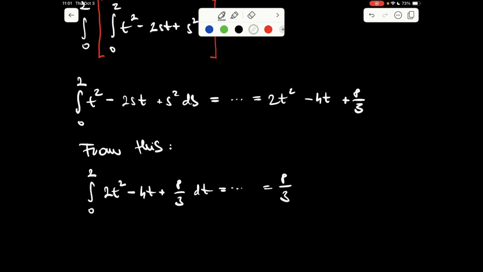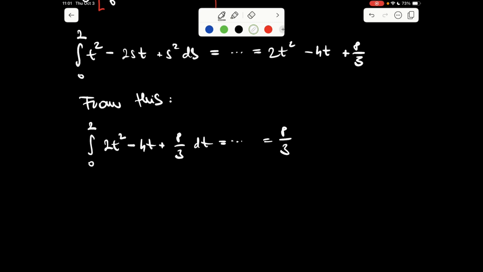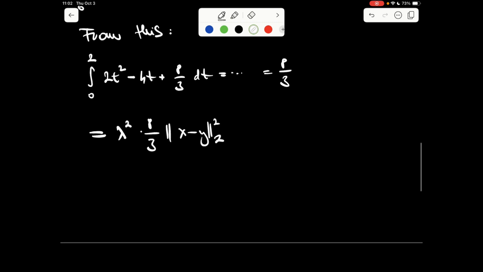This is 8/3. You can do this by hand. So finally, we have on the right hand side this expression.